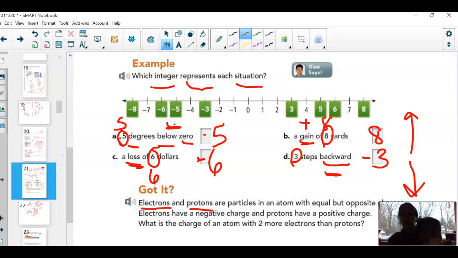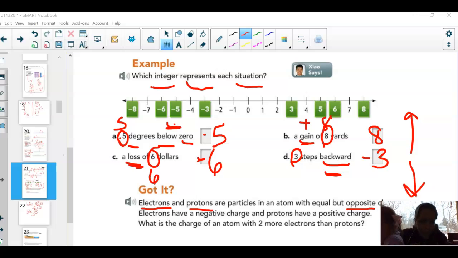So the electrons and protons are usually equal. Electrons y protons a igual. Okay? But they have opposite charges. Pero hay opuestos. Okay, the important thing to remember is that electrons are negative, okay?